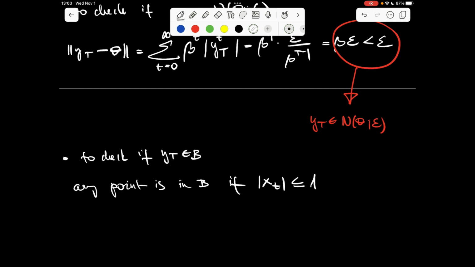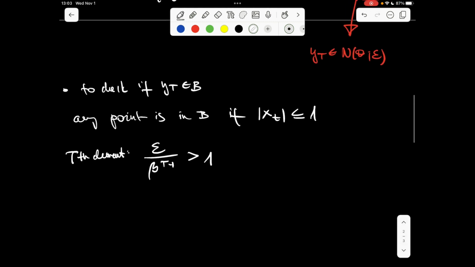The 10th element of the sequence yt is described in this way, which can be greater than 1 for any epsilon, and this is the point.